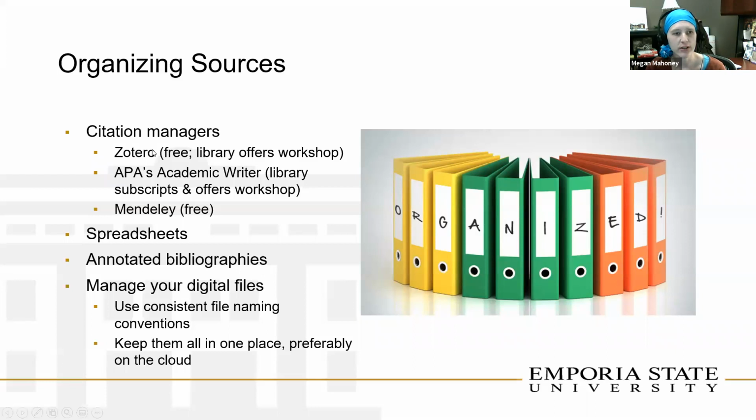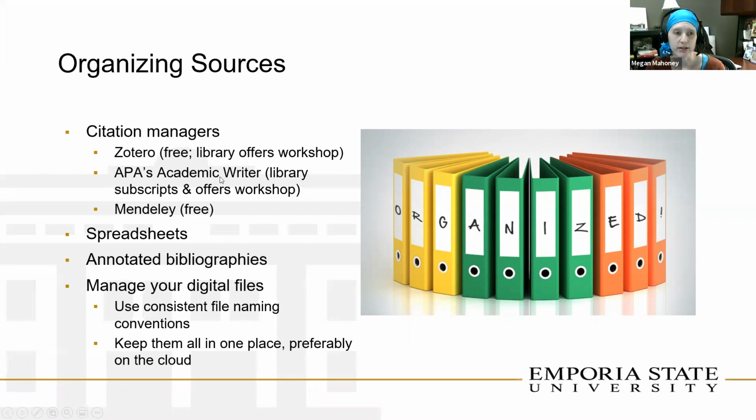Zotero is free, and the library offers a workshop on how to use it. The good thing about Zotero being free is that it is not tied to your ESU student, staff, or faculty account. So if you were to leave ESU and still need access to your citations, you would still have them.